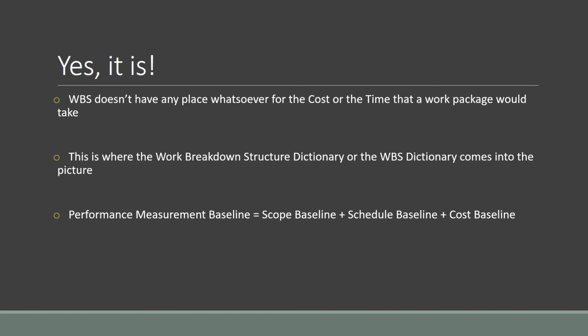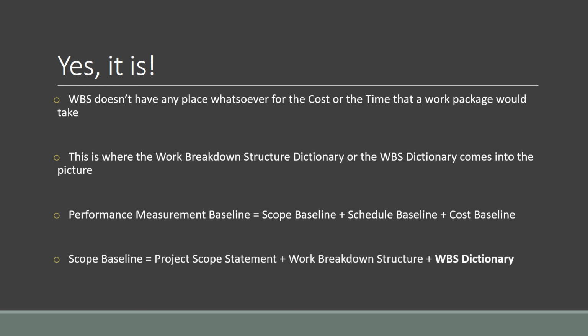Now, while schedule and cost baseline are basically the agreed upon schedule and agreed upon cost for a certain project, scope baseline is again a combination of three different items. That is the project scope statement, the statement which describes your project scope, your work breakdown structure, the WBS, and the WBS dictionary.